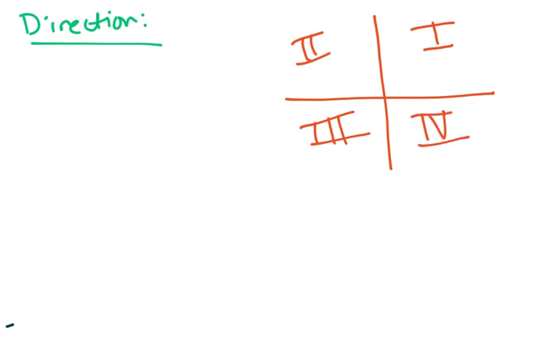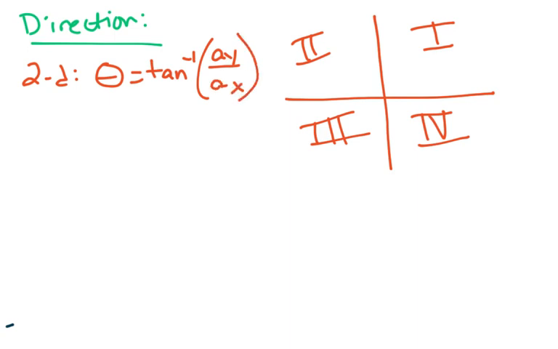So when you're determining direction, if we are looking at two-dimensional motion, the angle is going to be equal to the inverse tangent of the y component of the acceleration, if we're still talking about acceleration, divided by the x component of the acceleration. If it's in quadrant 2 or 3, you have to add 180 degrees.